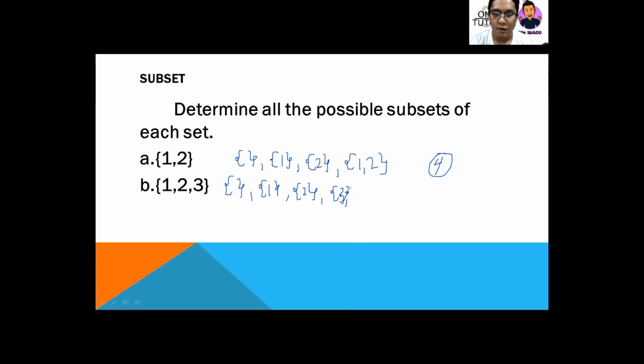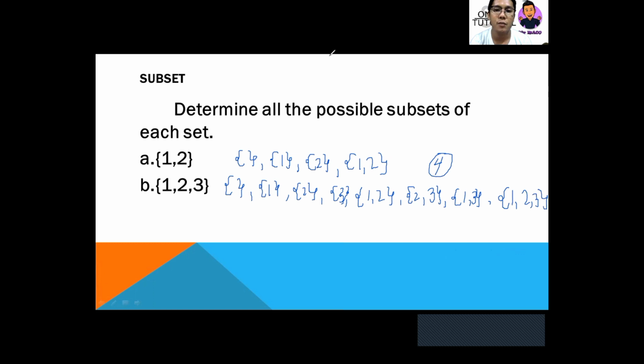Also, we have the subsets with 2 elements: {1, 2}, then {2, 3}, and {1, 3}. And then the subset having 3 elements, {1, 2, 3}. So how many subsets do we have? 1, 2, 3, 4, 5, 6, 7, 8. So there are 8 subsets here.